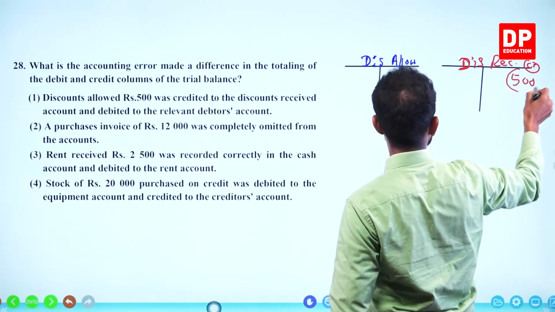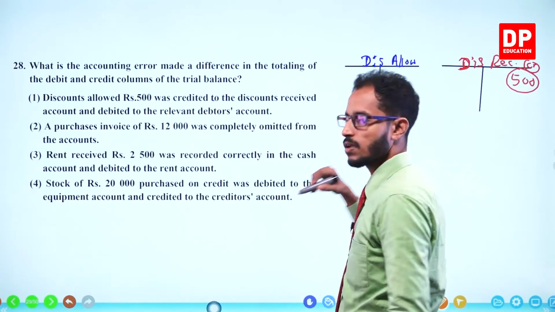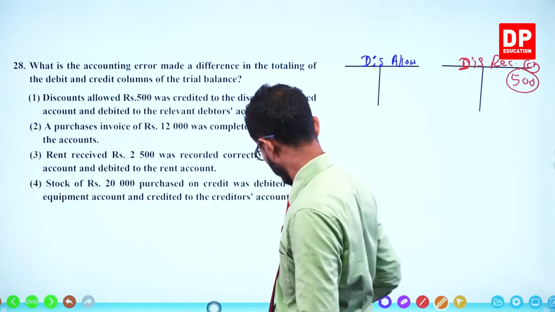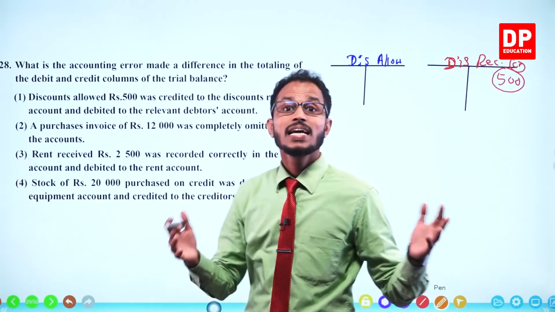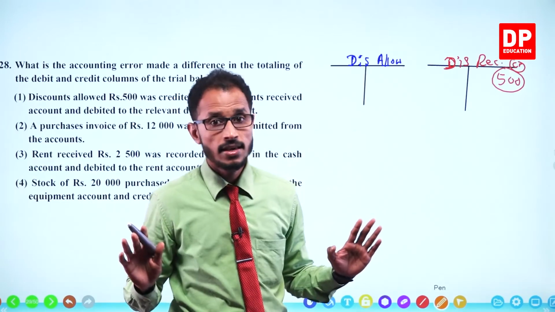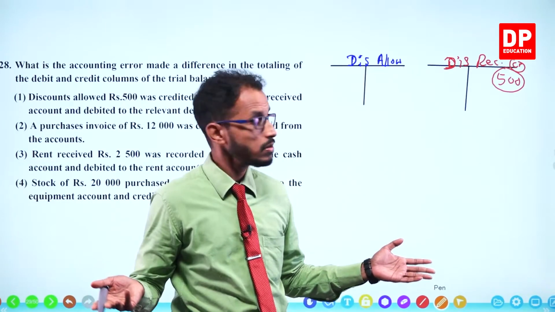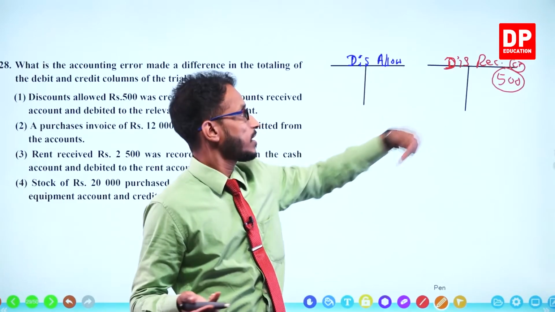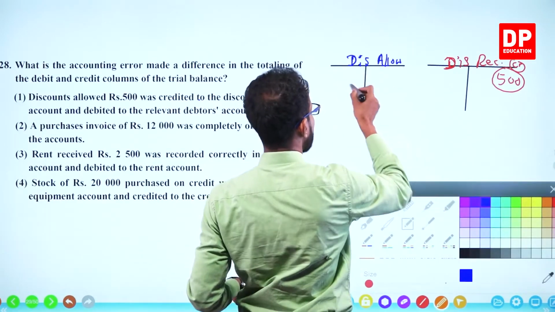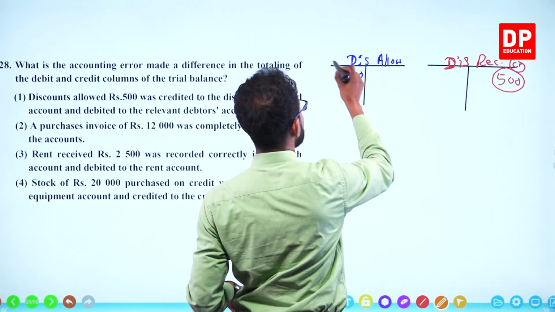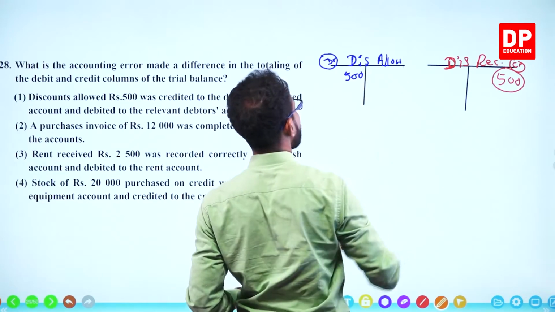This is an error. It should go to the debit side of discounts allowed.